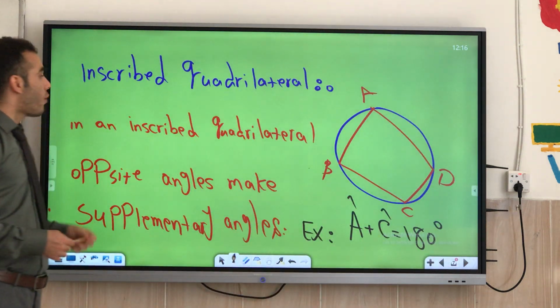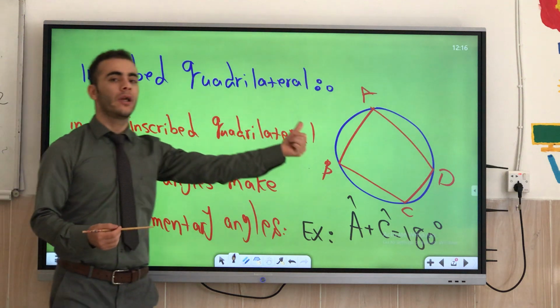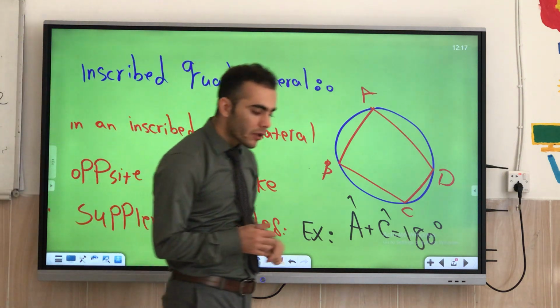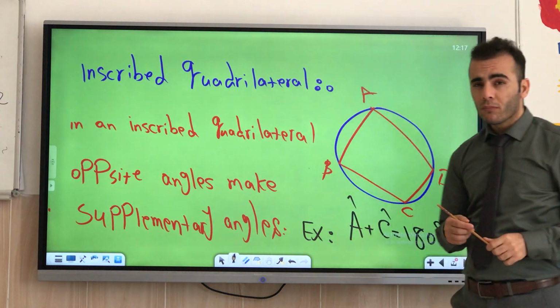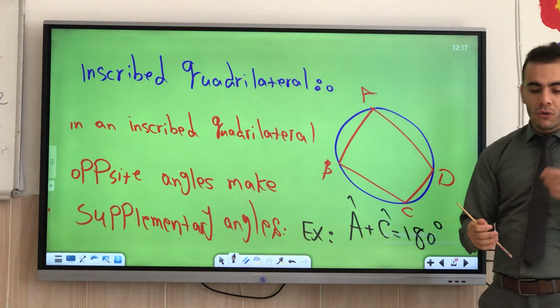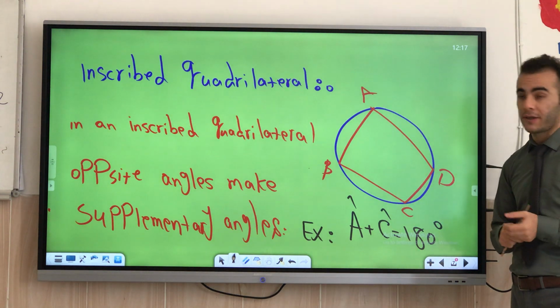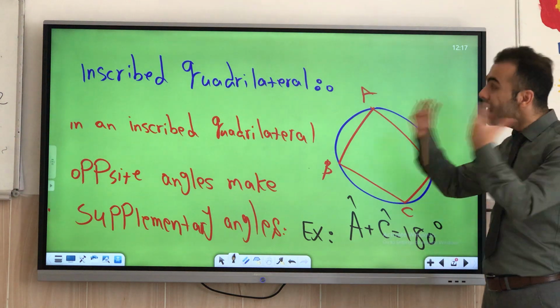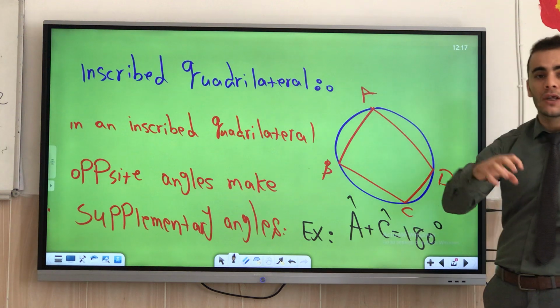Well, the last part of this section is about inscribed quadrilaterals. Guys, we defined quadrilaterals in chapter 5, when we faced polygons. We said quadrilaterals are polygons that have 4 angles and 4 sides. So an inscribed quadrilateral is a quadrilateral that is inside a circle.